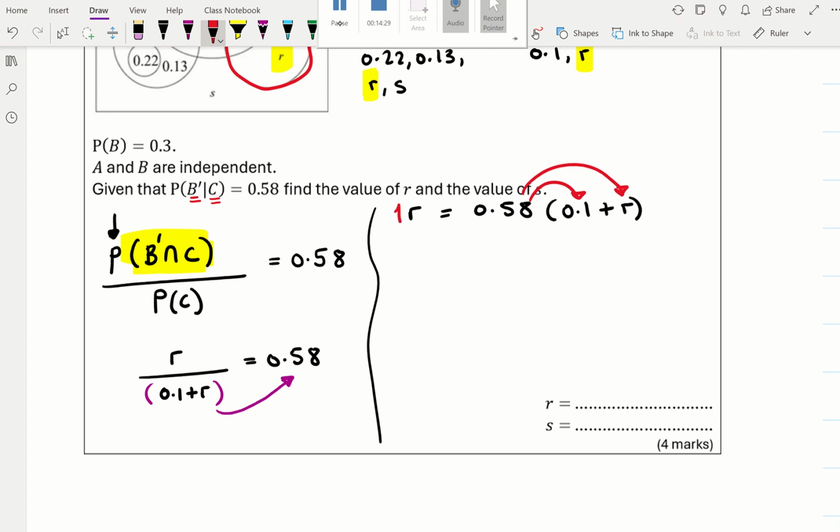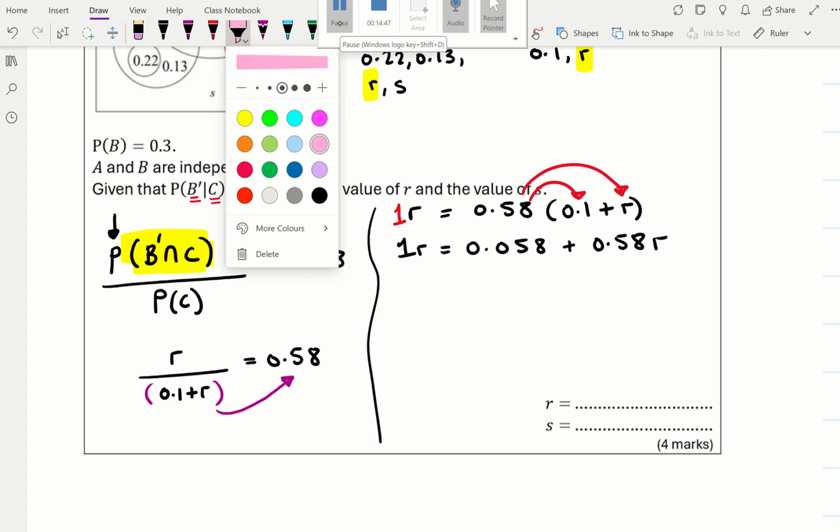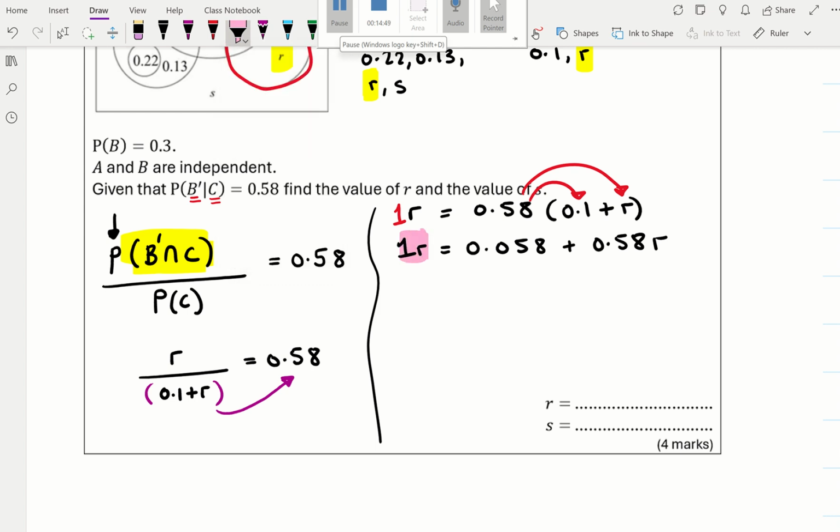And of course this is 1R. So 1R equals 0.058 plus 0.58R. The R's are the same, so I'm going to collect like terms. I've got 1R minus 0.58R equals 0.058.